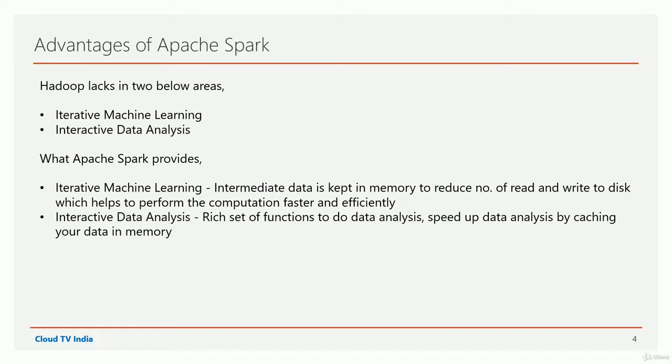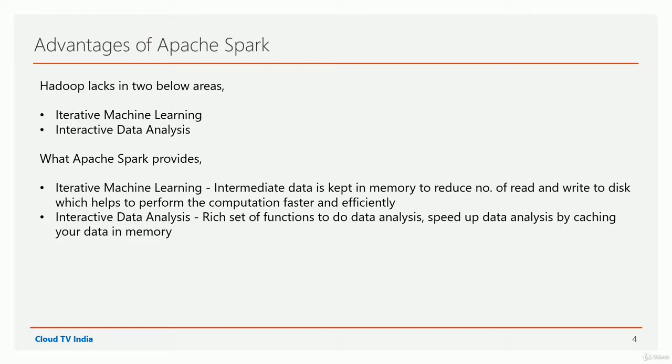It has a very rich set of functions to do data analysis. In MapReduce you can do only map. You can do calculation in the map method and the reduce method. That's it. You cannot do much more in MapReduce.